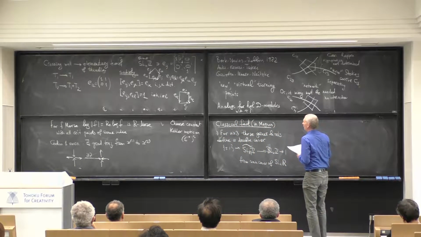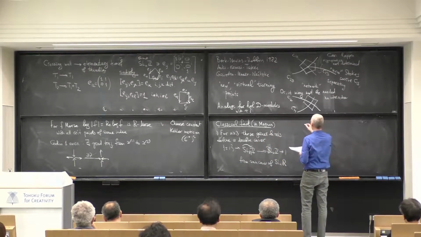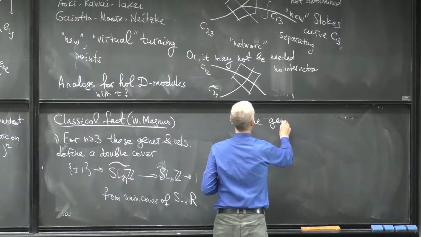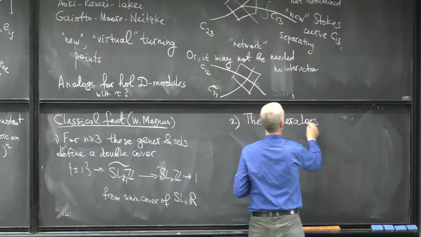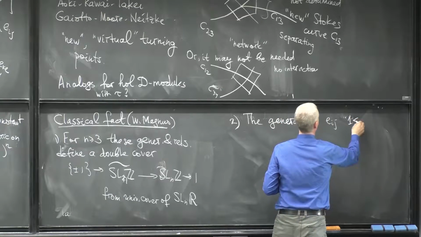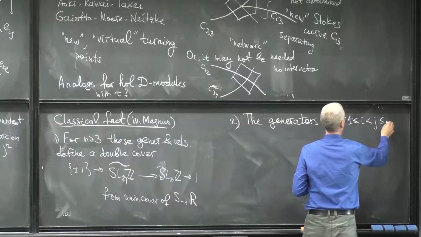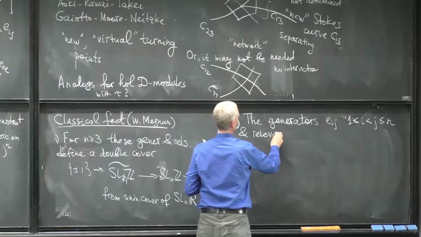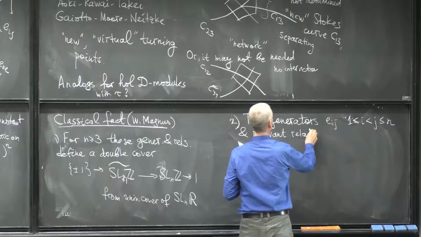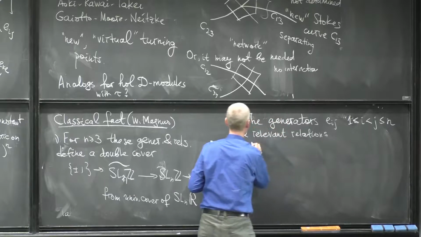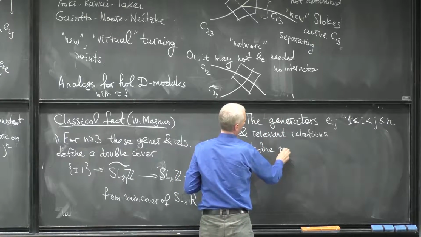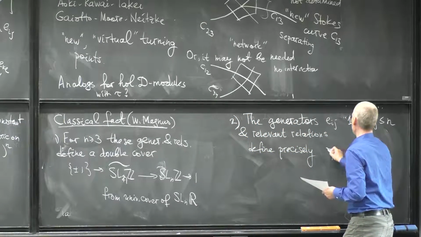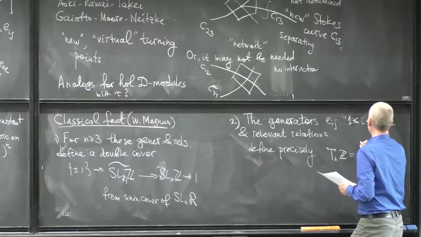And second is that if we consider only triangular matrices of this nature for the generators E_ij, 1 less or equal to i less than j less than or equal to n, and the relevant relations, well defined precisely, now without any cover, the group of upper triangular matrices with units on diagonal.